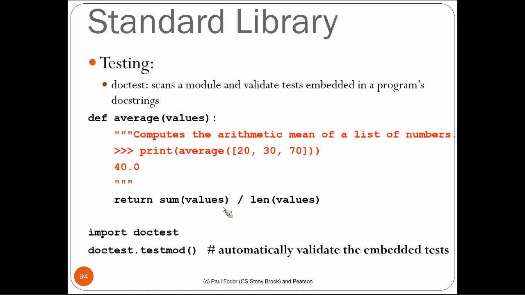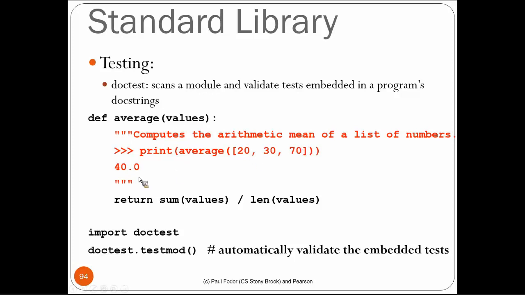Okay, what is more important, you can actually do testing with Python, standard unit testing. So doctest is basically part of the Python doc. It scans a module, and for every line in the method doc that starts with three greater-than arrows, that is a command that will be run in Python.